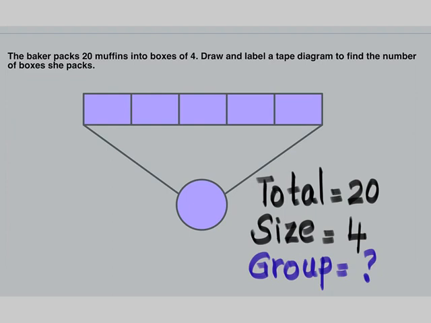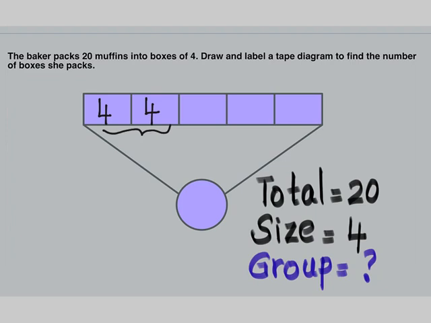The next step is to label the tape diagram. What we know is the total number of muffins and the size of each group or box. So we have to fill in each box with 4, since we know each box has 4 muffins in it, till we reach a total of 20.